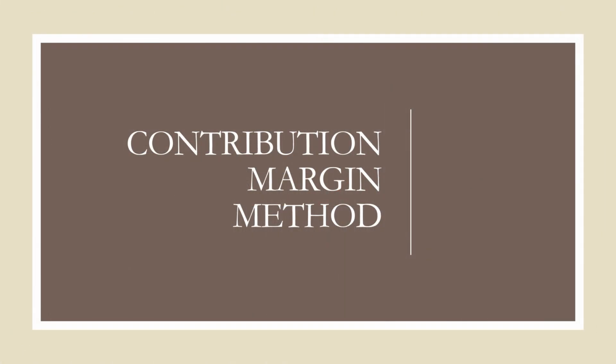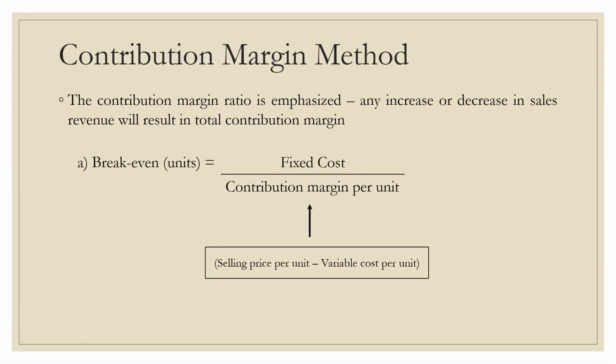This is the second method, the contribution margin method. The contribution margin ratio emphasizes that any increase or decrease in sales revenue will result in a change in total contribution margin. Here you can see the formula for the break-even point in units: fixed cost divided by the contribution margin per unit.